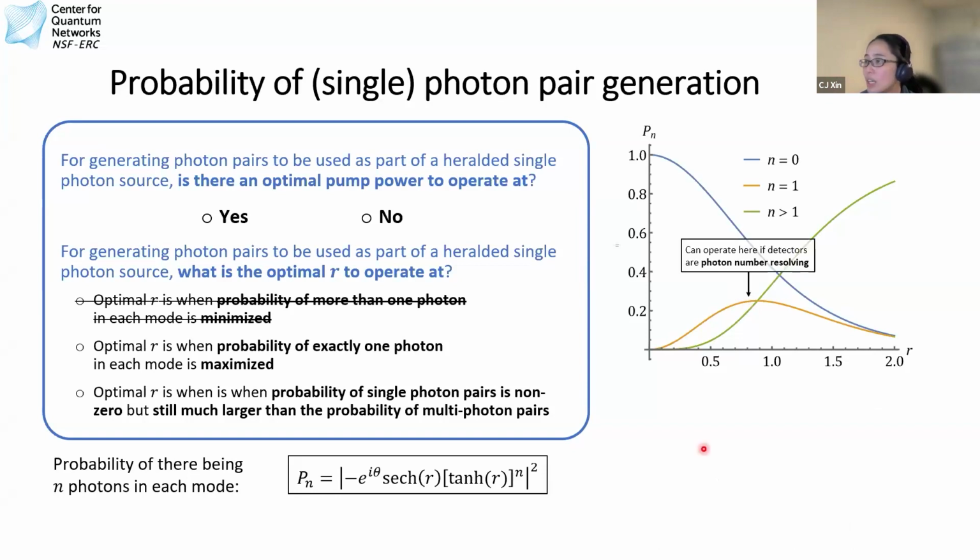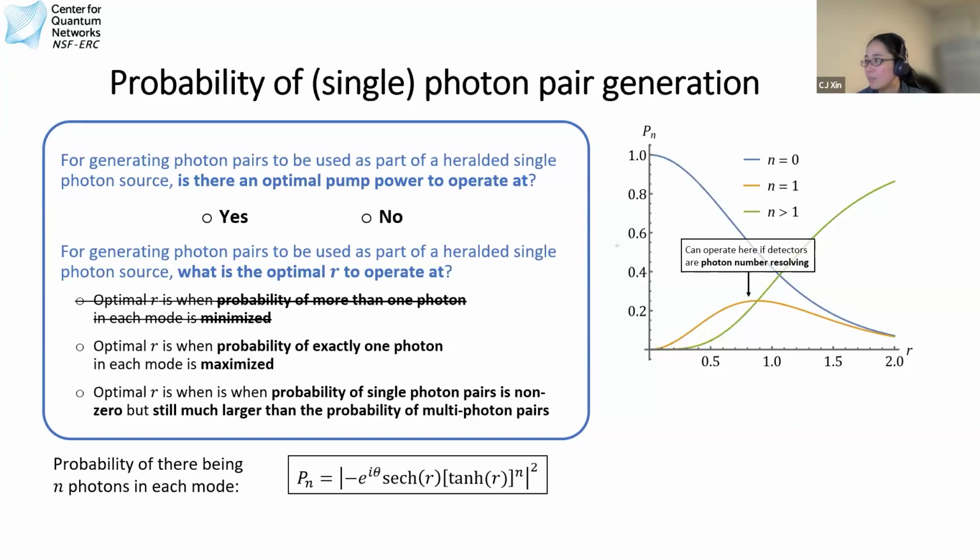But that requires your detectors to be photon number resolving, which tends to be a more exotic type of detector, all told. It's recently seen a lot of development, although I'm learning that my sense of time is starting to get distorted, because 10 years still seems very recent to me. But yeah, so you can make an argument for option 2 being the optimal R to operate at.